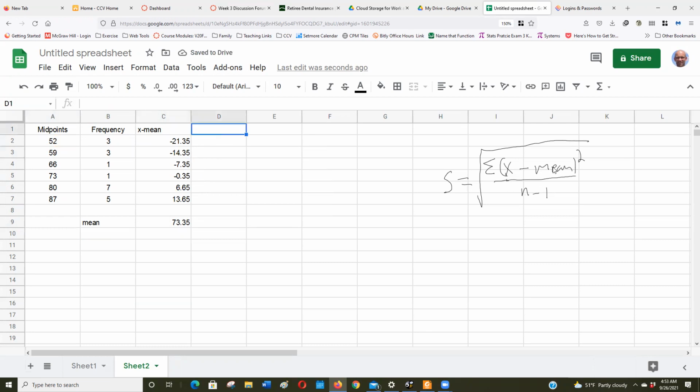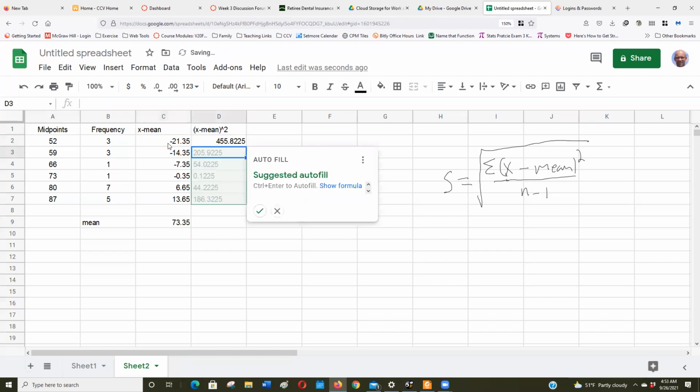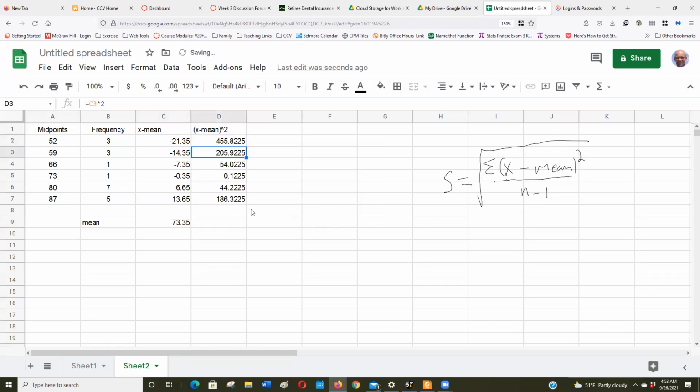Then I have to square each of those values. Look at the formula: x minus the mean, squared. So equals, and I'm just going to click on that difference and caret 2, raised to the second power. Caret, in case you're wondering, is just Shift 6 to get the exponentiation. And of course, again, Google is so smart.